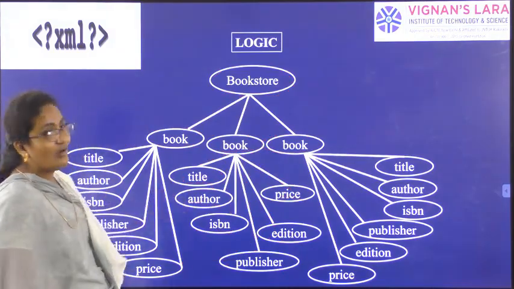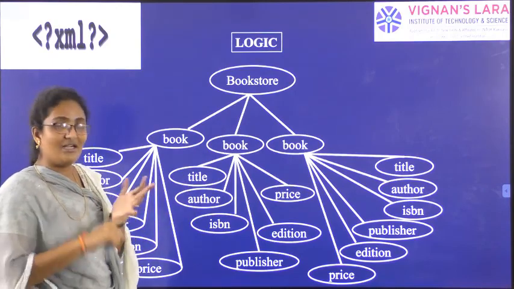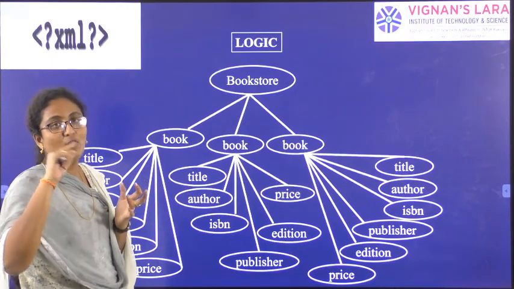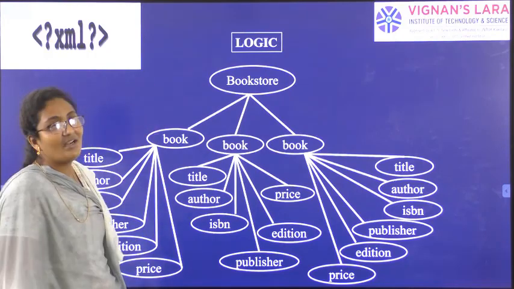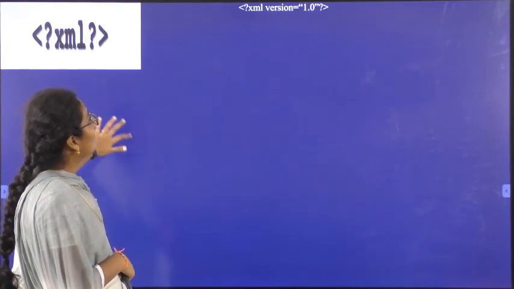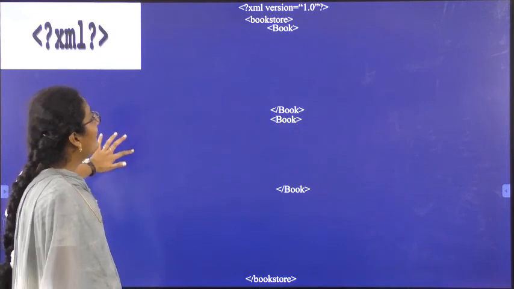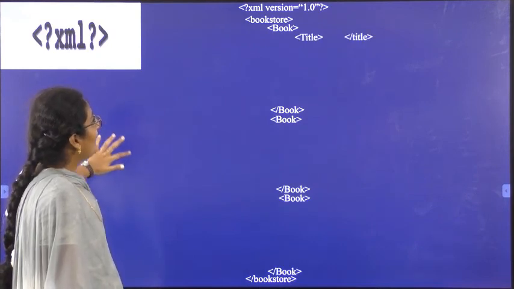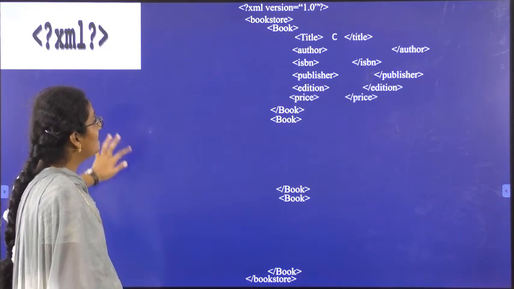So having this logic, how can you write it? Previously, how you wrote the XML code for blood donors and for placement information system, in the same way you can write the code for bookstore also. So XML version 1, bookstore open tag, close tag, book open tag, close tag. Then title, author, ISBN number, publisher, edition, price.